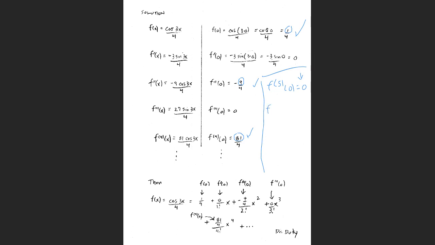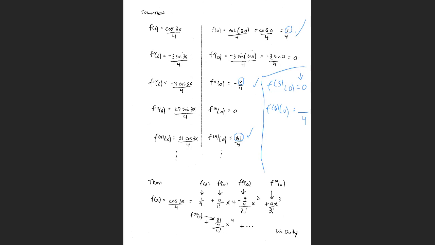All right, well, let's take a look at the sixth derivative evaluated at 0. Okay, fifth derivative evaluated at 0. So what's definitely going to be in the denominator? 4. That's right. 4 is going to be in the denominator.